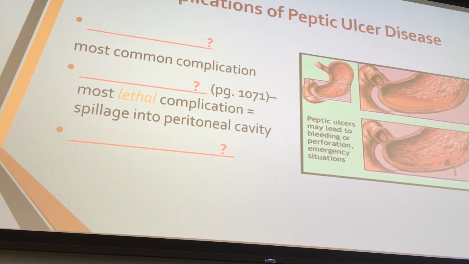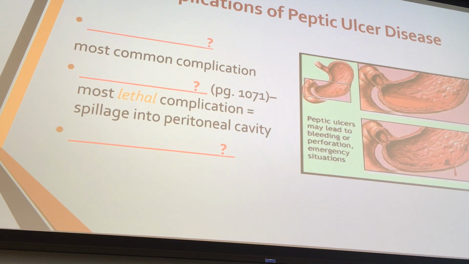What would you think if somebody has peptic ulcer disease? What are the biggies in terms of complications? We've talked about this. Bleeding, right? Hemorrhage is the most common complication of peptic ulcer disease. Peptic ulcers may lead to bleeding or perforation, and obviously that's an emergency situation.